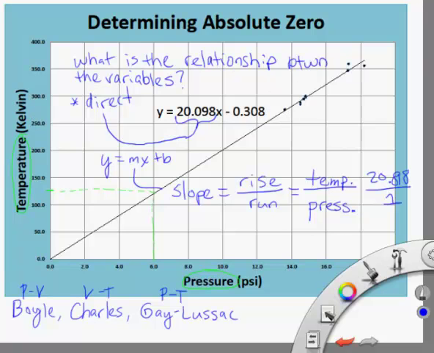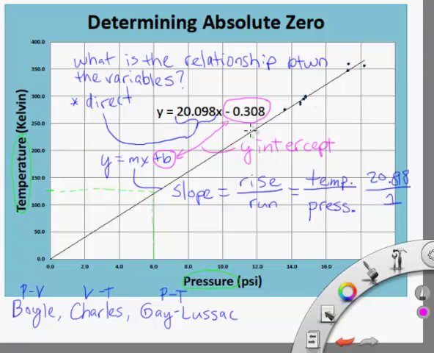The last bit of questions could surround the plus b value. The plus b portion is, as you may know, the y-intercept. And what does the y-intercept tell you?